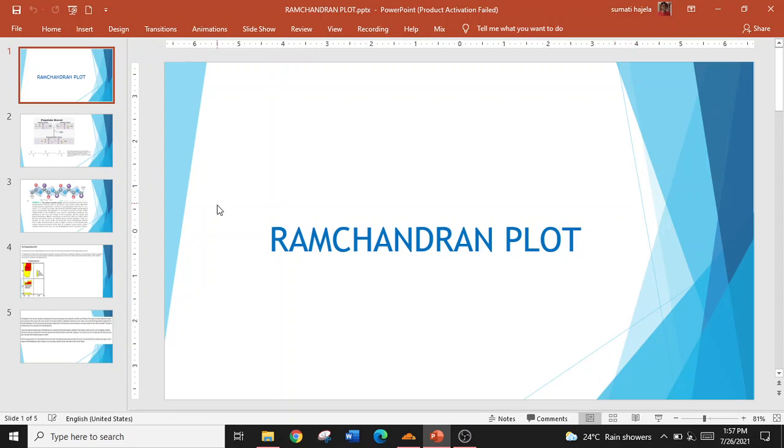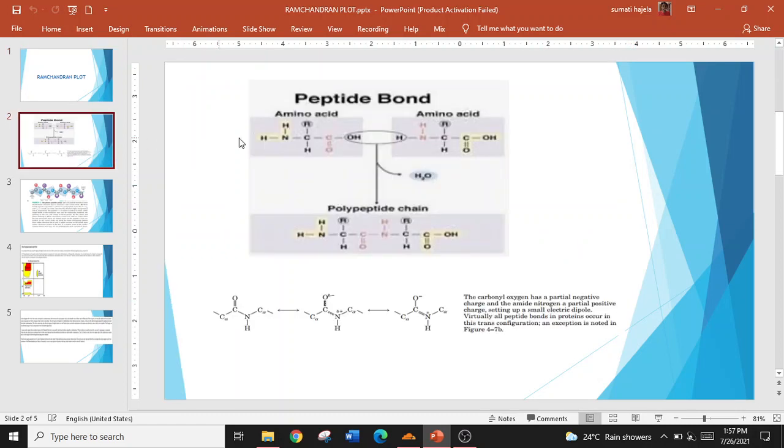Before telling you about Ramachandran Plot, I am going to tell you about its principle, or the fact on which it is based. And there are a few definitions also which you need to know before you understand any such plot.